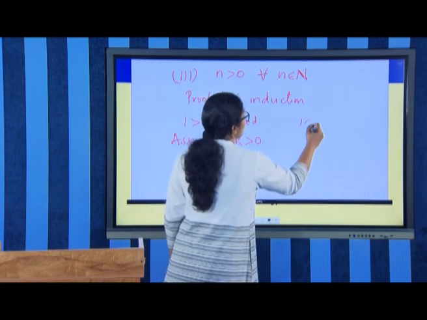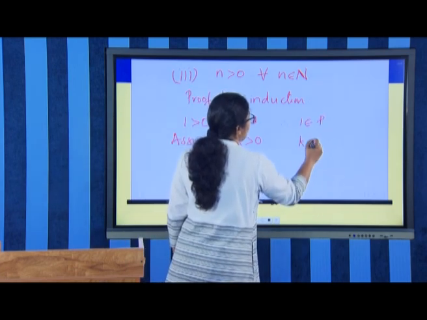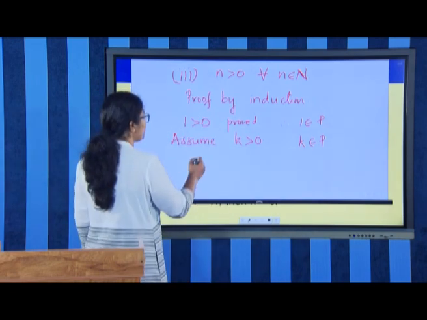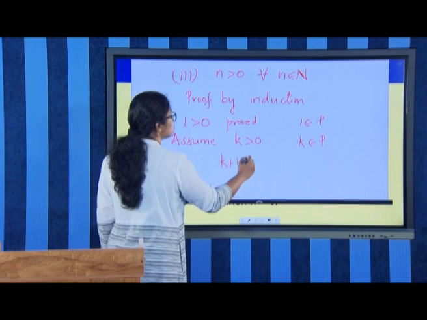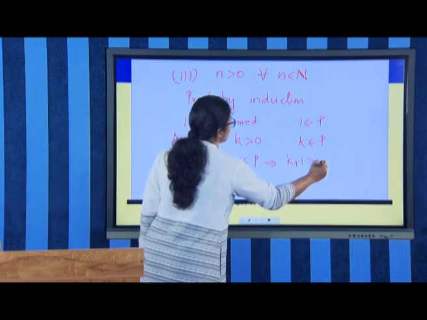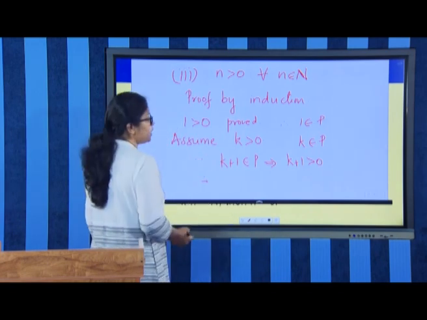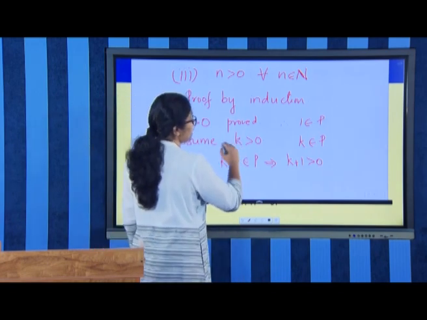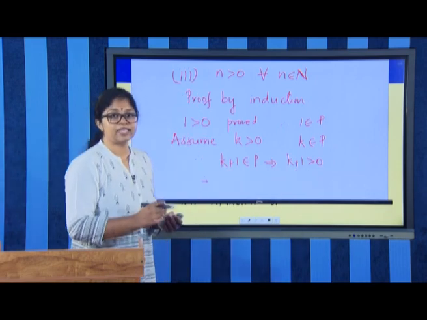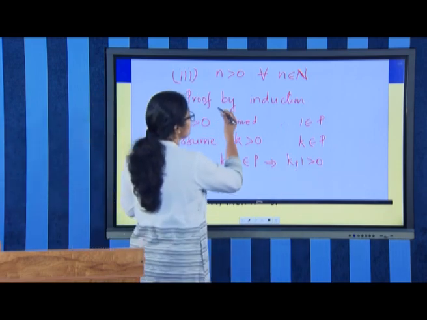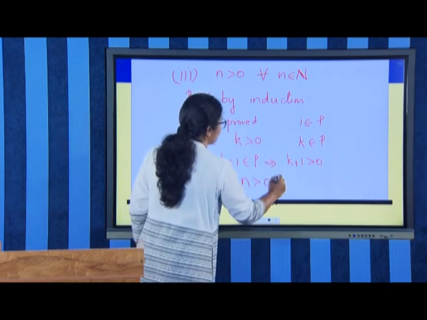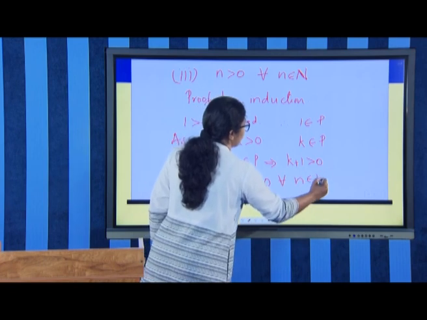Therefore, 1 belongs to P and k belongs to P. So, by the definition of P, we have k plus 1 belongs to P, which indicates that k plus 1 is greater than 0. Therefore, by induction, if we have assumed k and proved k plus 1 is greater than 0, by mathematical induction it follows that n is greater than 0 for every natural number.